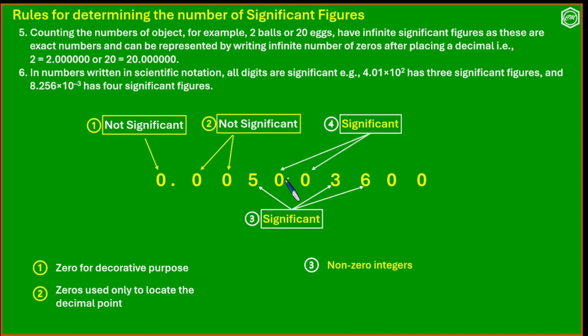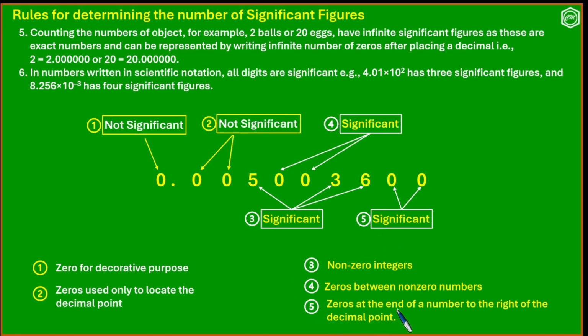Now, these two zeros are significant because they are zeros between non-zero digits. The last two zeros are also significant here because the zeros are at the end of a number to the right of the decimal point. So altogether, this will have 1, 2, 3, 4, 5, 6, 7. 7 significant figures.